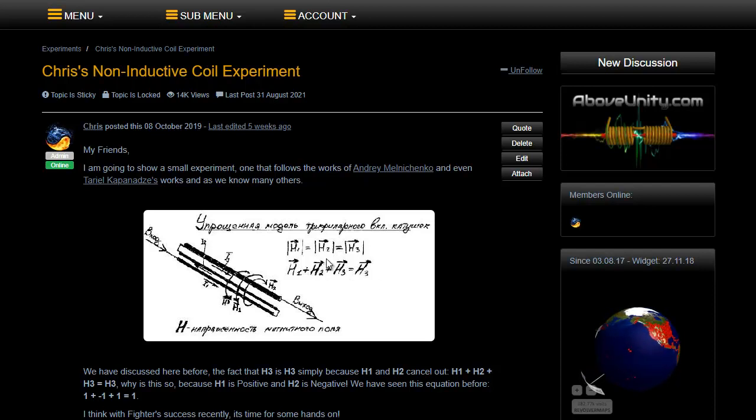So instead of cancelling the H component as on a symmetrical conventional transformer, we're left with an H component that's left over. So we end up with more work done in the system, and that's really what it's about. It's about net force or work done in the system that exceeds the work that you put into the system. And once you've done that, then it's above unity.